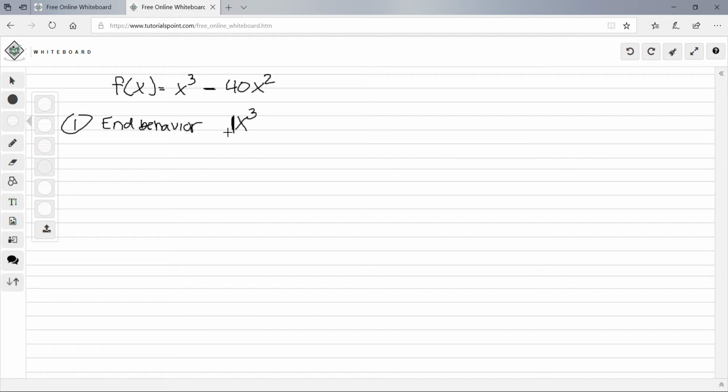In our case, it's positive. So there's no reflection. So we know that it's an odd degree. So in odd degrees, it's going to look something like this. So we know that it rises to the right.